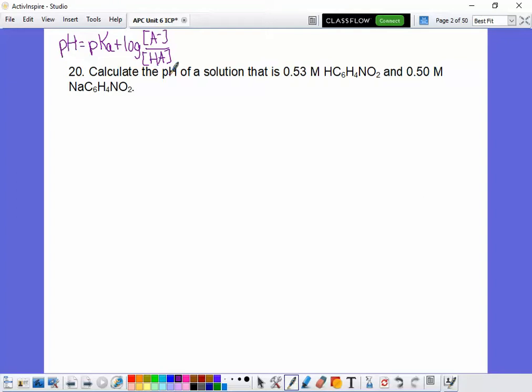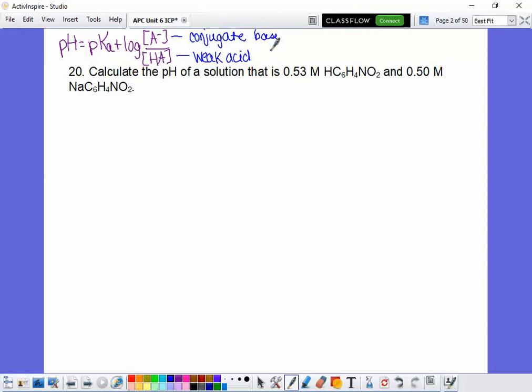Okay, that formula is on your formula sheet, so no need to memorize it. What you need to know, though, is how to use it. What do you think HA represents? A weak acid. So HA is the weak acid. If HA is the weak acid, what does that make A minus? The conjugate base.